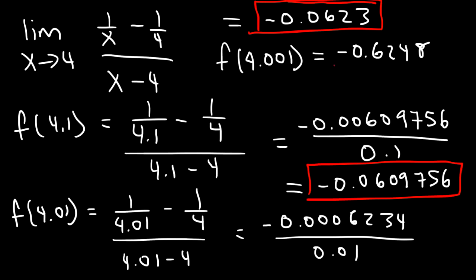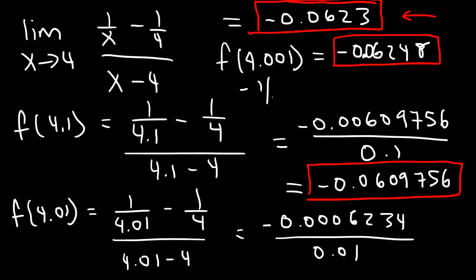So notice that it's convergent to a certain value. Here it was negative 0.0609. Here it's negative 0.0623. And now it's negative 0.0624. And I'm missing a 0. It's supposed to be a 0 somewhere here. So it's convergent to a certain value, which means that the limit exists.